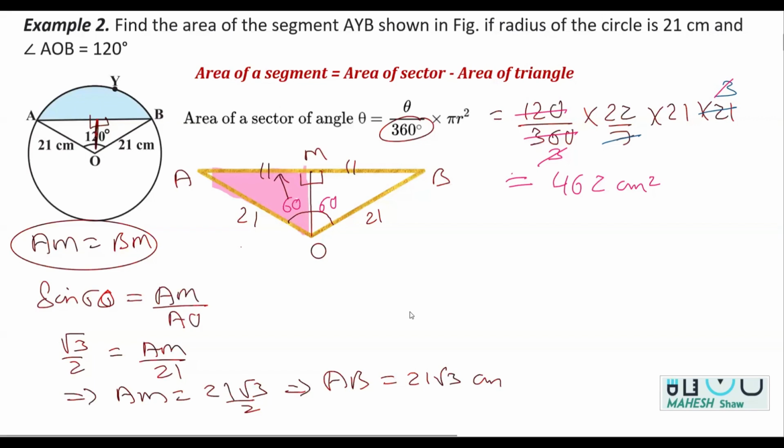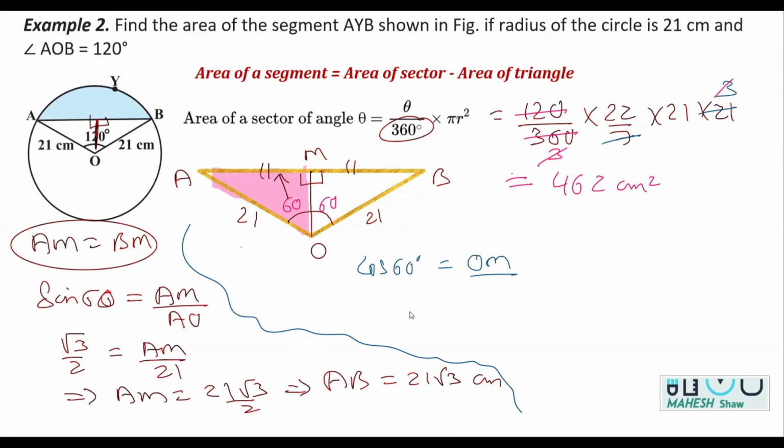Now next I'm going to apply cos. Cos 60 is base upon hypotenuse.